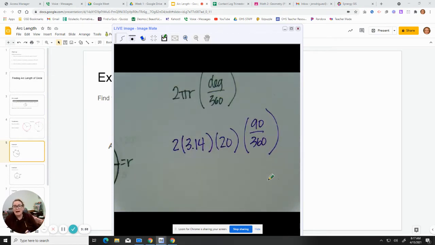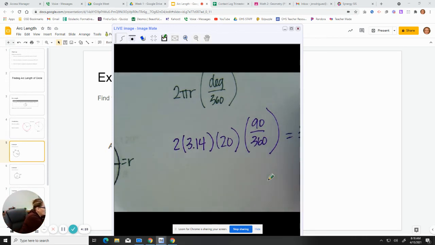And if you have a calculator that has parentheses, you can do this all at one time. So on mine, I'm going to type 2, parentheses 3.14, parentheses 20, parentheses 90 divided by 360. I don't know if you can see that I typed it all in there. I hit enter, and it tells me that my answer is 31.4 meters.